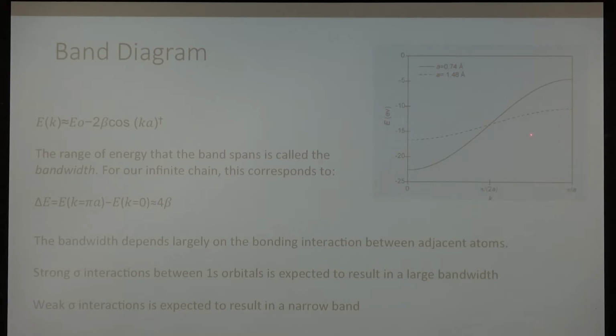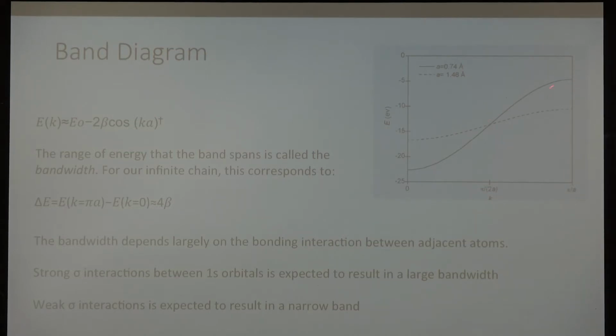As the bandwidth depends on the bonding interaction, as the adjacent atoms become farther apart, they start to behave more like individual atoms, and hence all points on this dotted curve are closer to E sub naught, closer to your negative 13 eV.